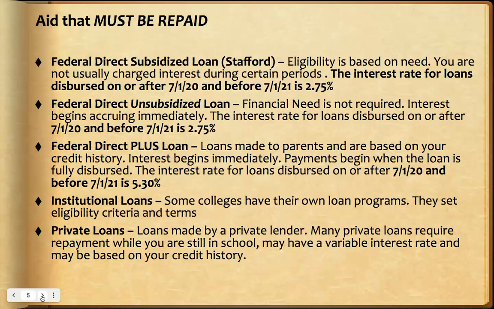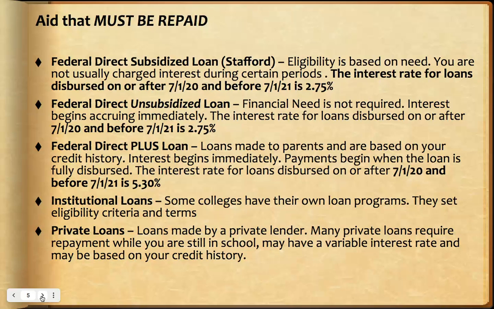You're not required to. But what will happen is when you enter repayment for your loans, 6 months after you drop below half time, then any interest that accrued or was added on while you're in school will then be added on to the amount you actually borrowed.